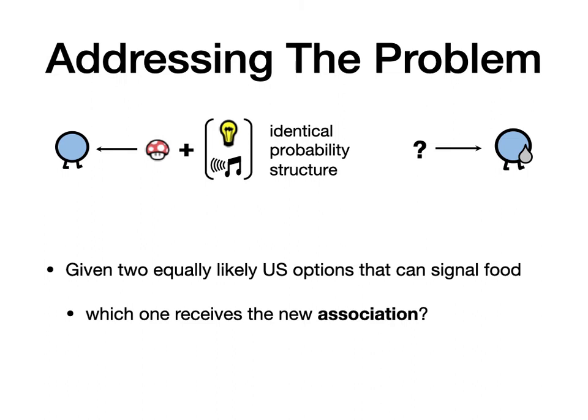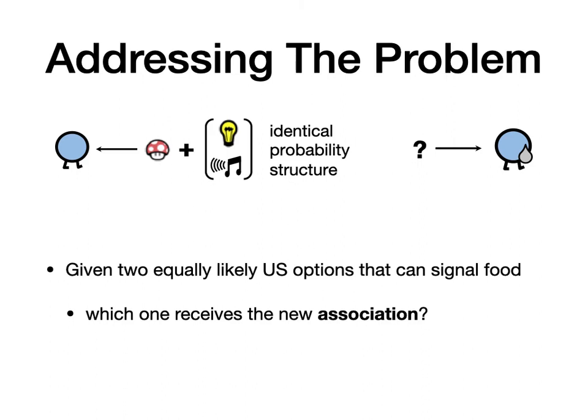So here's kind of the problem. Given two equally likely things, unconditioned stimuli, for example, a light and a sound that could signal food, which one is the one that receives the new association? Initially, it may seem like we have nothing to go on.